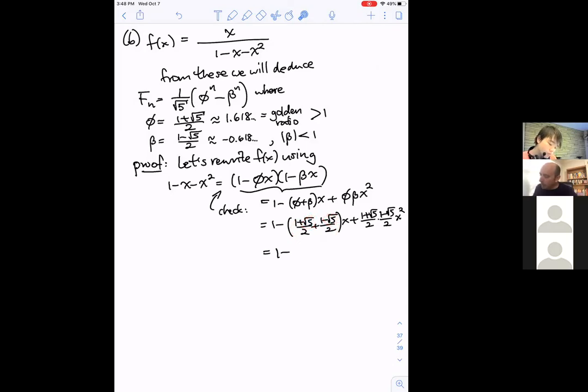So I'm just getting 1/2 and 1/2, all with a minus sign in front. That's just a 1 minus x. And here, what's happening is in the denominator, I get a dividing by 4. In the numerator, I'm going to get 1 minus the square root of 5 squared. So it's 1 minus 5, which is negative 4. Negative 4 over positive 4 is a minus 1.